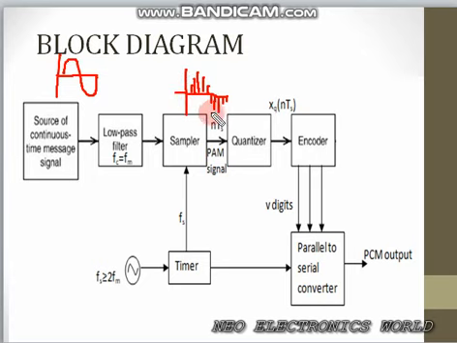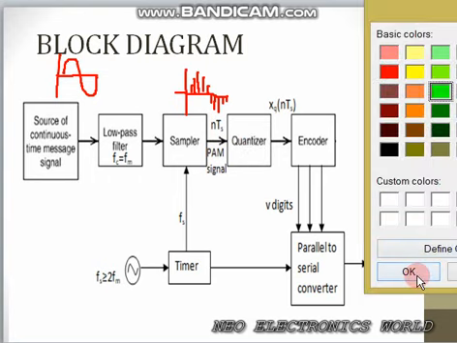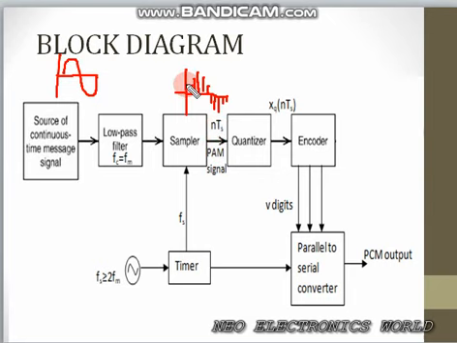What does sampling mean? Sampling means discretizing time, that is discretizing the x-axis, so there will be only integers for each signal. Similarly, in the y-axis also, after quantizing, it will be discretized. If this is 1.2, it will be discretized to this particular value, and if this is 2.4, it will be discretized to 2.